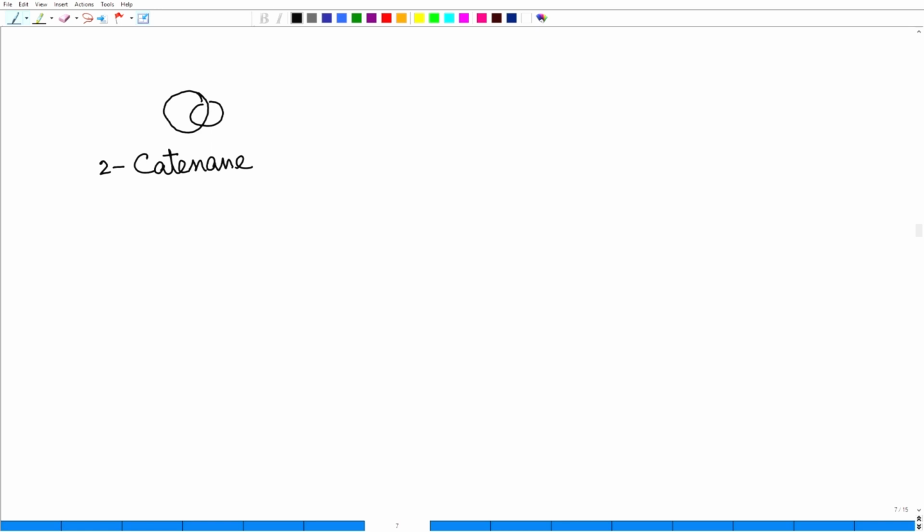So, after 2-catenane I can write this also, 1, 2 and 3. So, I can make this also a 3-catenane.